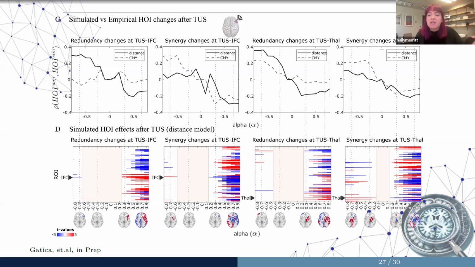Could it be that we're seeing these information dynamics flow across structural connections, or is it happening over regions in the absence of structural connections? So there's something about the co-fluctuation between them that's really informative.